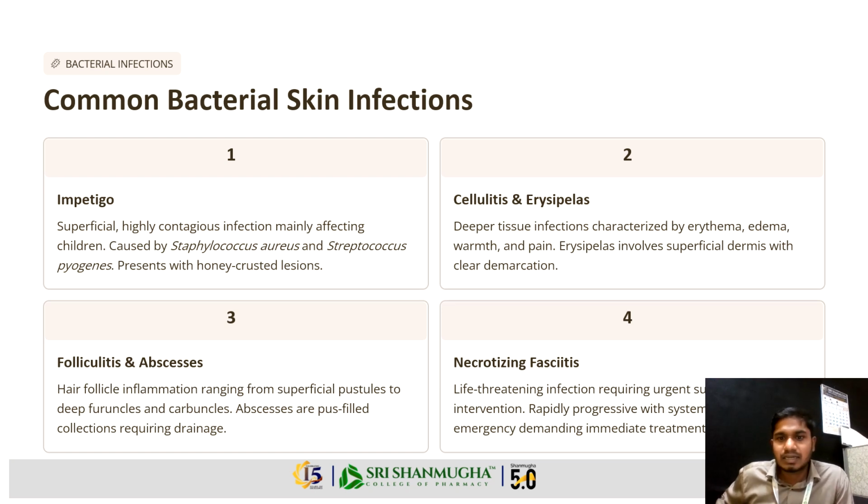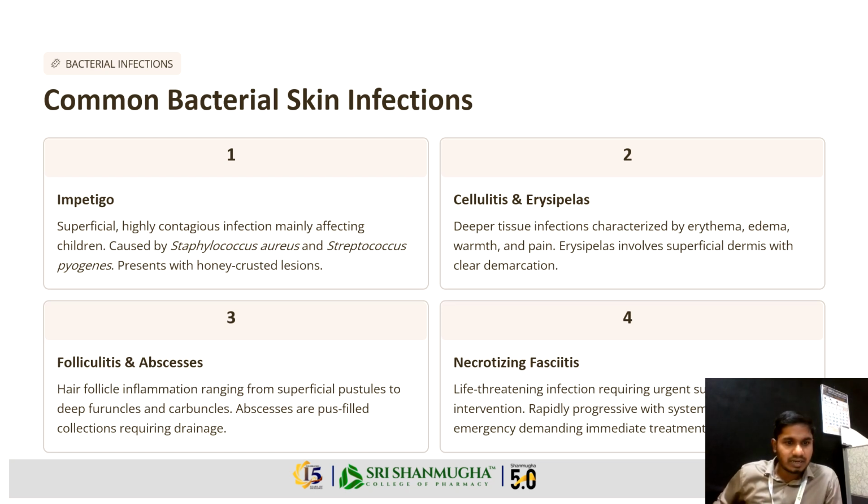And also cellulitis and erysipelas. It is a deeper tissue infection, characterized by erythema, edema, warmth and pain, and erysipelas involves the superficial dermis with clear demarcation. And also folliculitis and abscesses: hair follicle inflammation ranging from superficial pustules to deep furuncles and carbuncles.